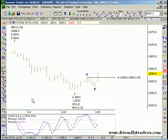Let's walk through one last example. This is NASDAQ E-mini 5-minute data. Off this March 9th high, we have a decline with impulsive characteristics, non-overlapping waves, characteristic of a trend.